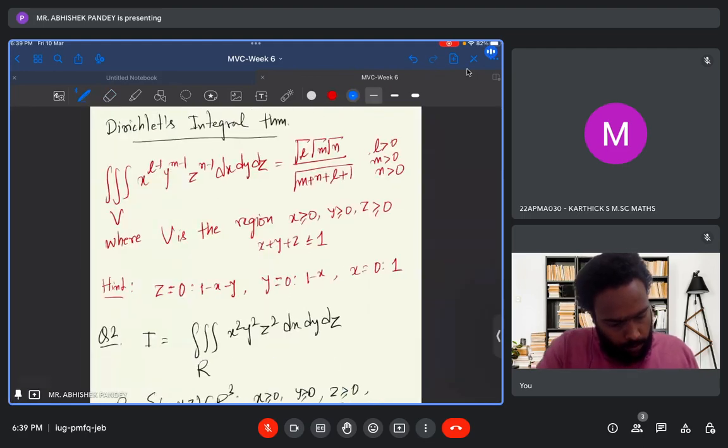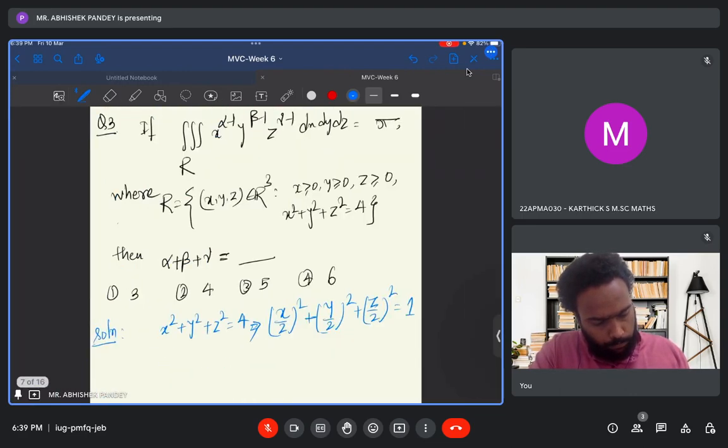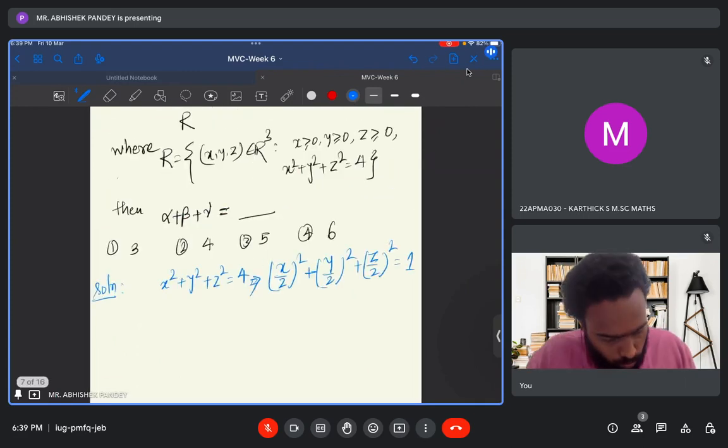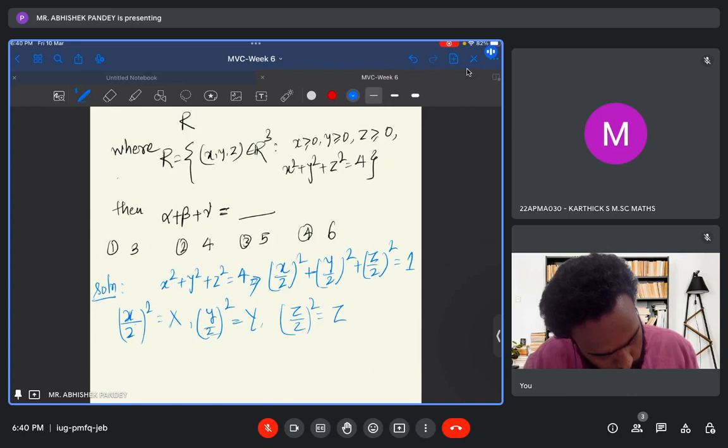To compare with this Dirichlet integral formula, we need to choose (x by 2) whole square equal to x, (y by 2) whole square equal to y, and (z by 2) whole square equal to z.